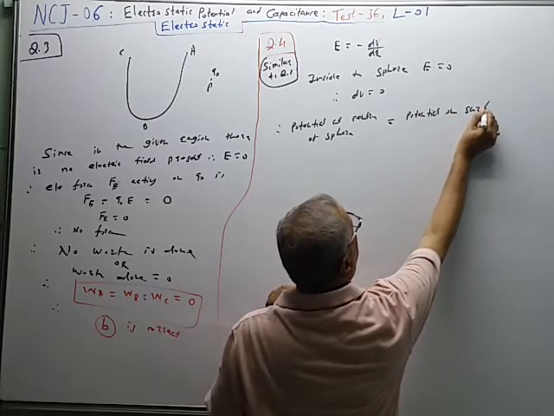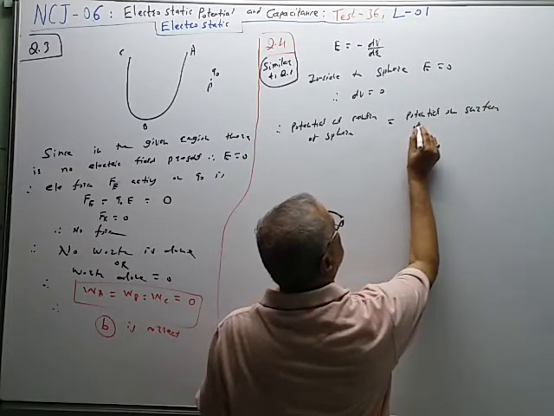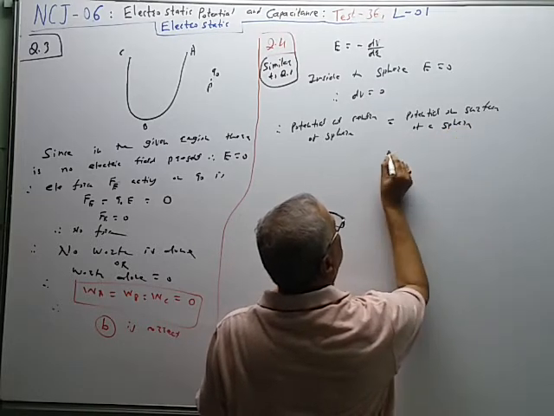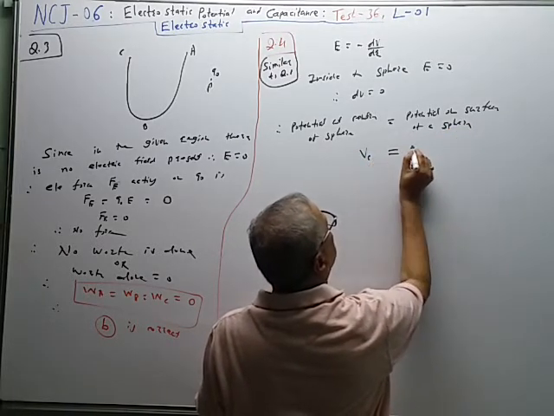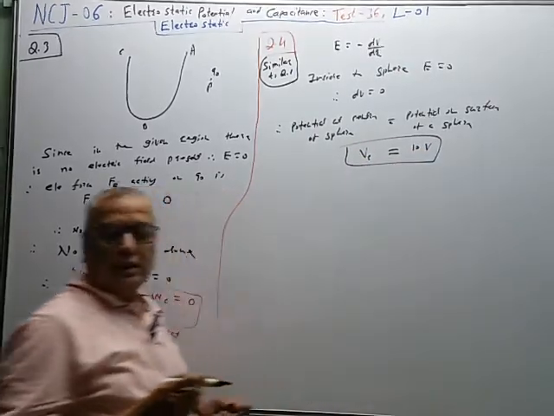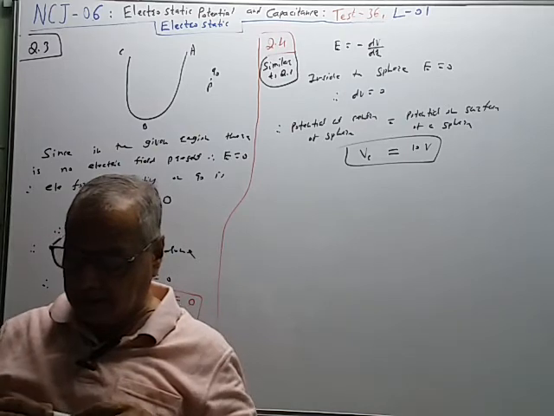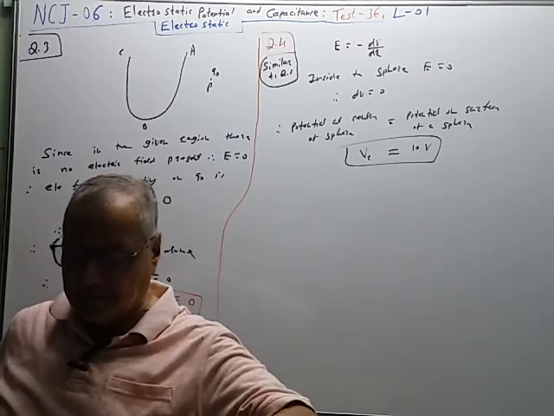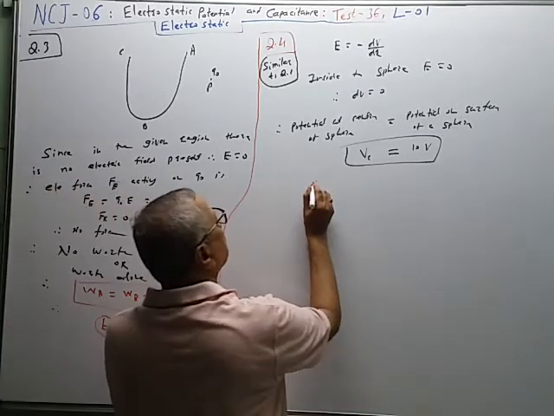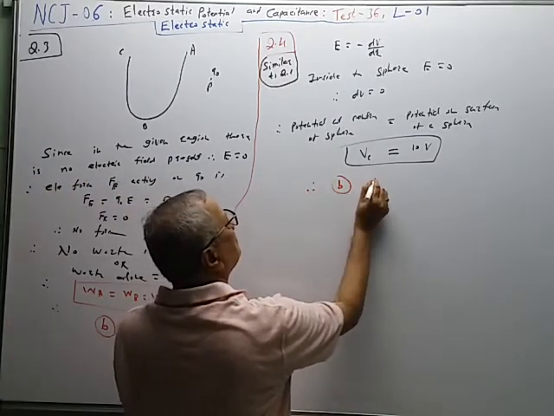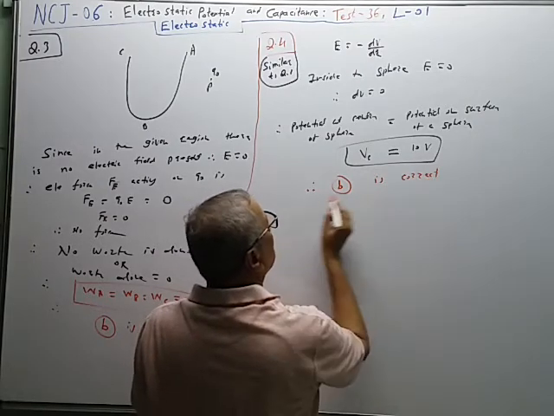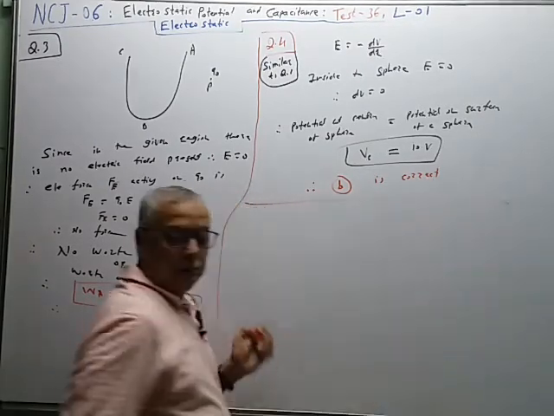Potential on the surface of a sphere is Vc equal to 10 volt. So potential at the surface and potential at the center is the same, and that is equal to 10 volt. Therefore, B choice is correct.